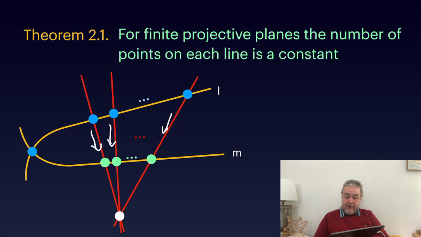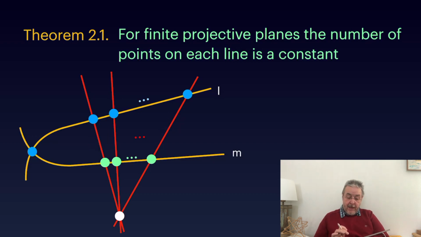So these points, the green points, all have to be different because otherwise we would get forbidden substructures in our incidence system. And so we see each point here generates a green point here, and this point here is on both lines.